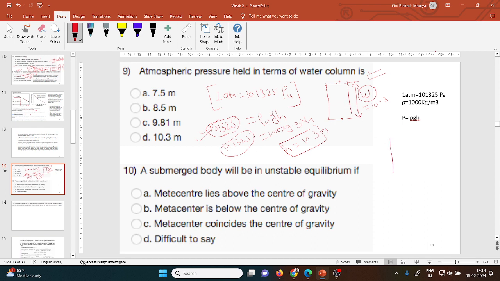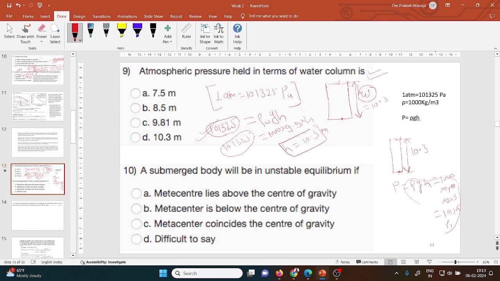Let us suppose you have a tube, and the tube is 10.3 meter. At that point, if you calculate the pressure, it will be equal to rho g h. Rho is 1000, g is 9.81, and h is 10.3. So this will again come to about 101325 Pascal. So this was the question.